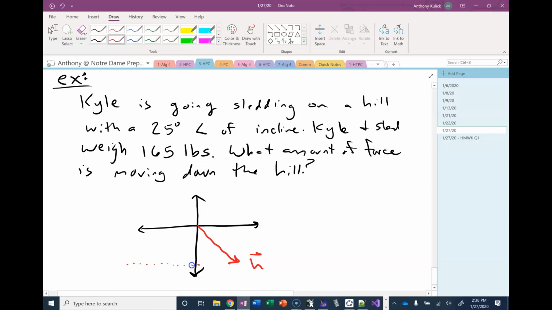The angle of incline is 25 degrees, so I'll draw an imaginary horizontal line, and that angle with the imaginary horizontal line is 25 degrees, right? By the alternate interior angles theorem, that angle is also 25 degrees. So I can find the direction of this vector just by doing 360 minus 25.